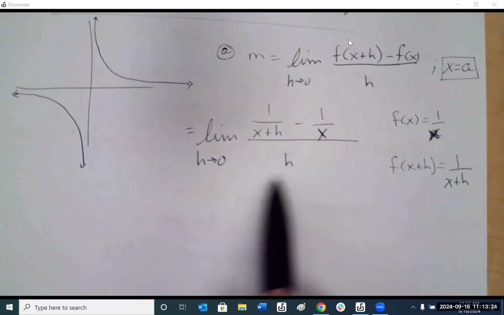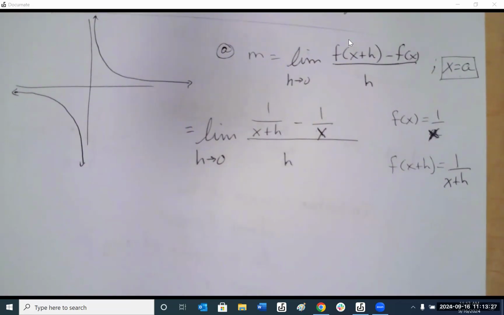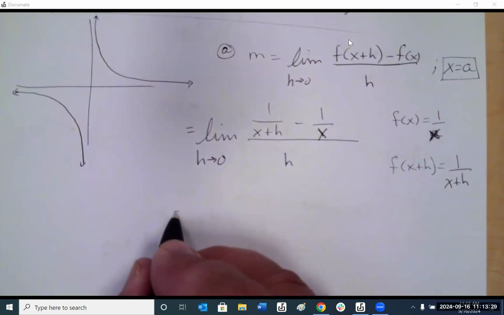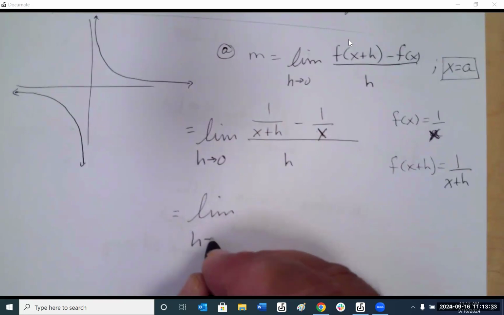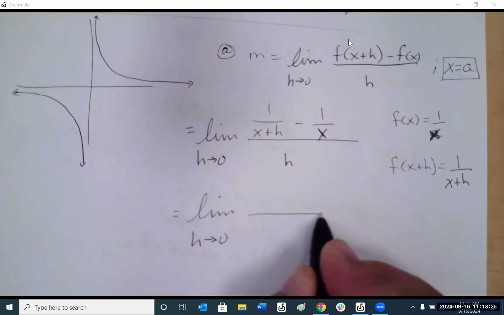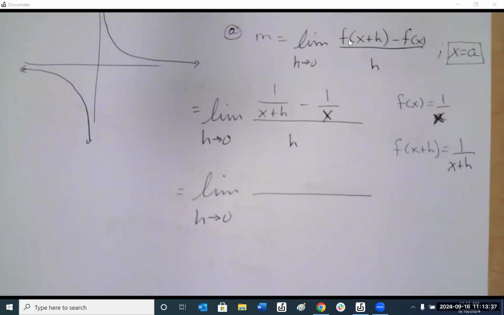Well, we can go ahead and work this out first and then get the function. So how do we simplify this equation? What do we have to do?